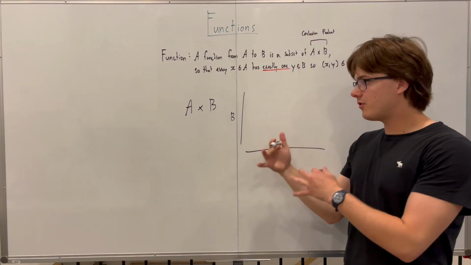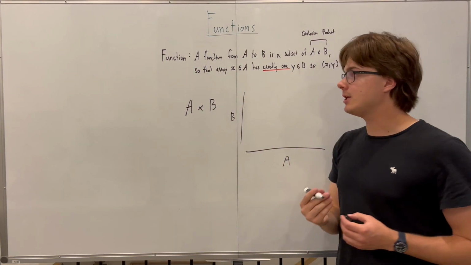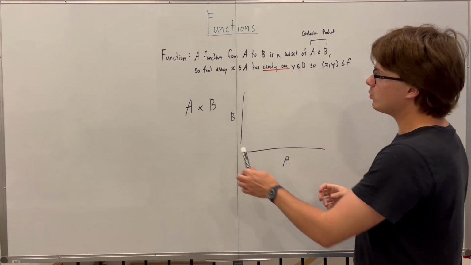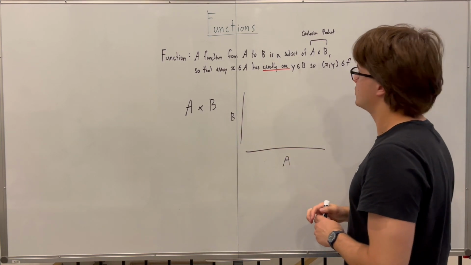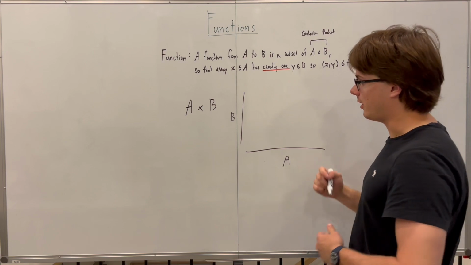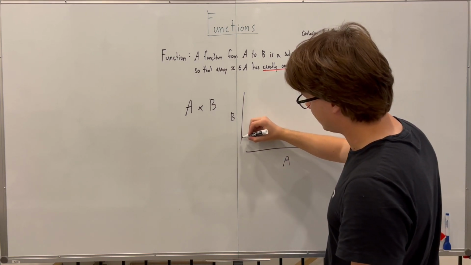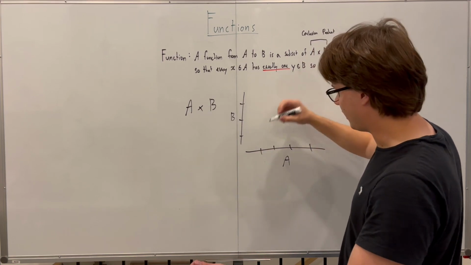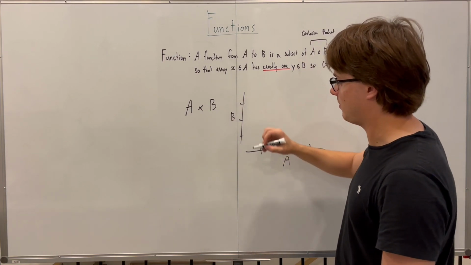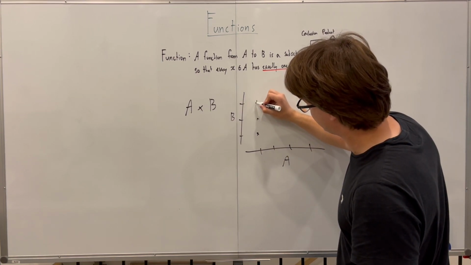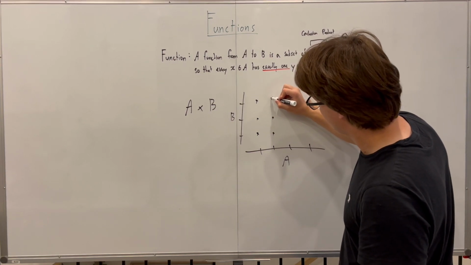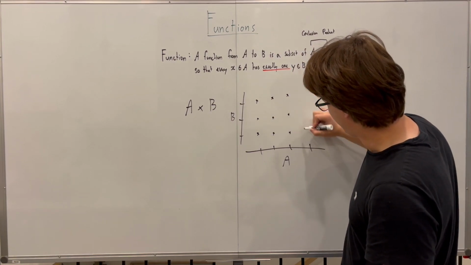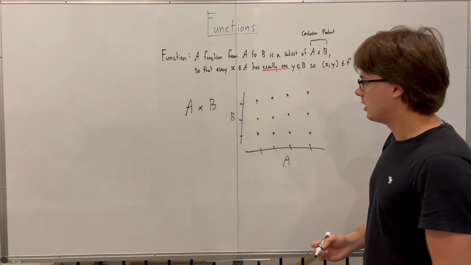Okay, so let's go to this visualization, because that's going to be a lot easier for you to be able to see. So when we're visualizing what a function is, let's take our Cartesian product. And we know that a Cartesian product, let's say we have just some discrete elements, right? We have 4 elements in A and 3 in B. And we say the Cartesian product is going to be all of these points down here.